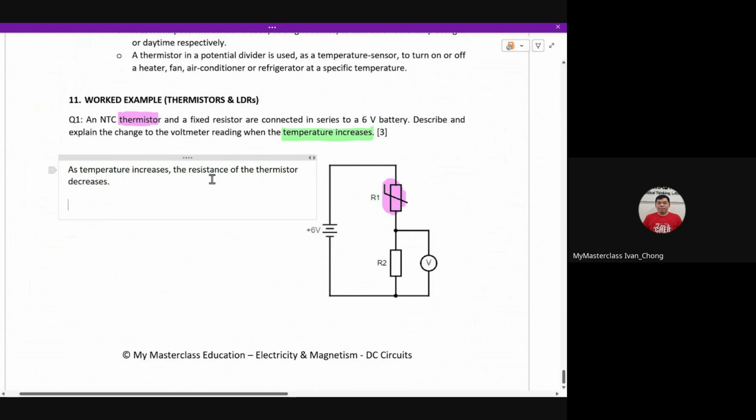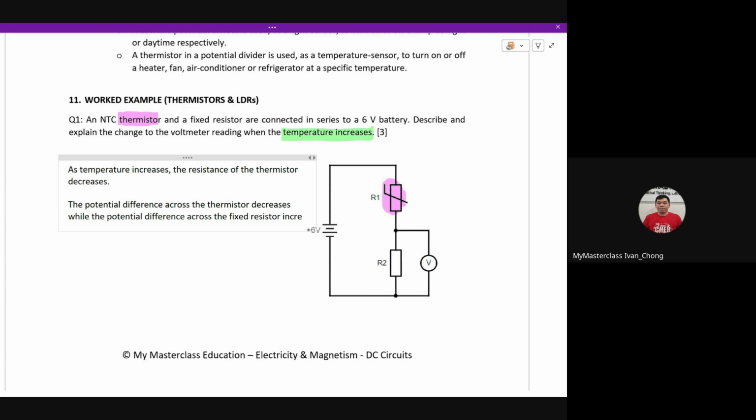So what does this mean? The potential difference across the thermistor, because don't forget V equals IR, will actually decrease because you have less resistance. And if this decreases, the potential difference across the fixed resistor increases.